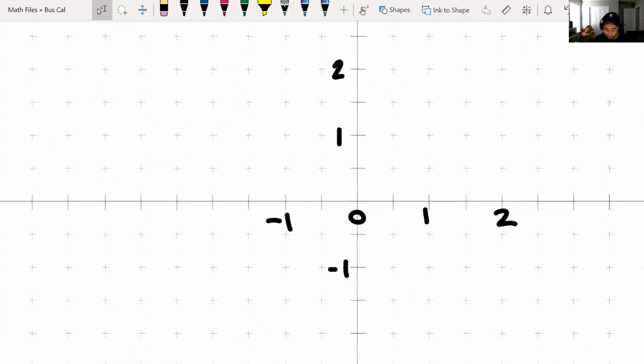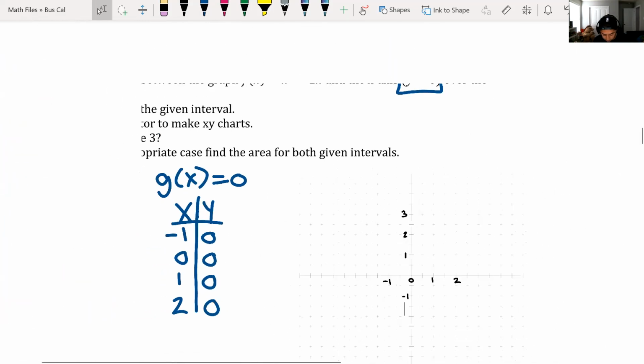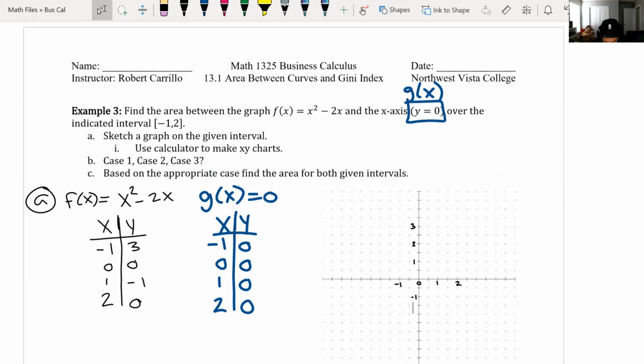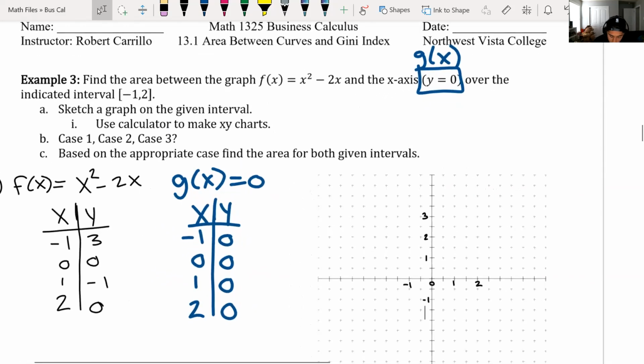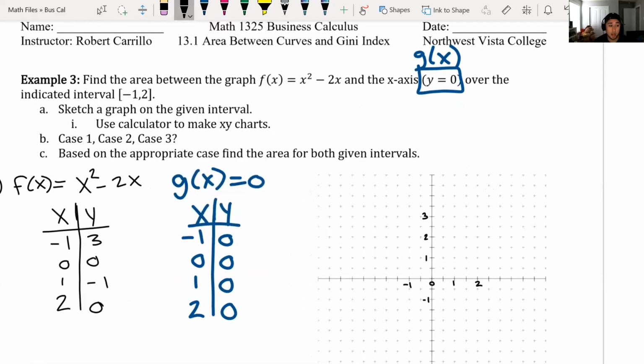Okay, let's graph. All right, first one is up. All right, -1 and 3, we're graphing f of x. -1, 3. There we go. 0, 0. 1, -1. And 2, 0.